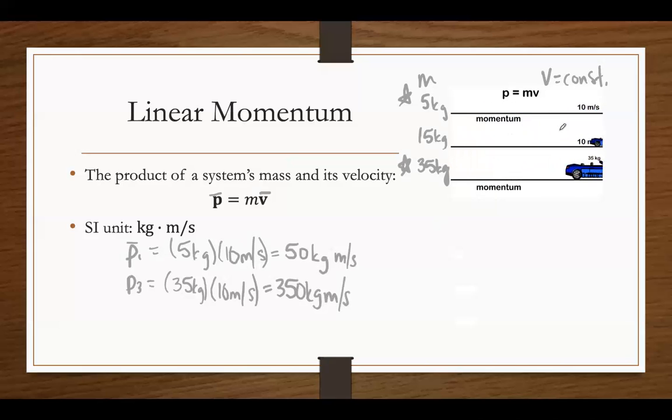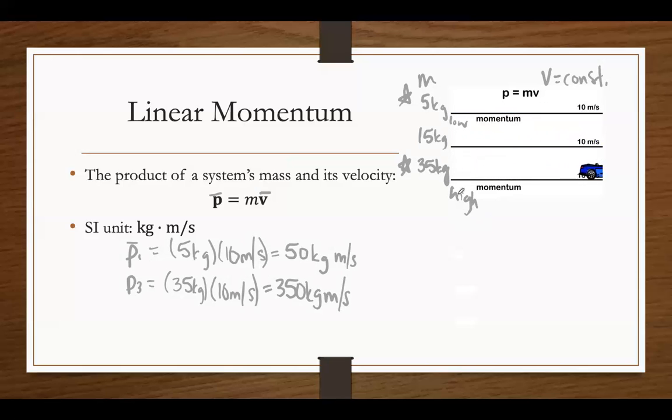So as you notice, if our velocity is constant, our mass is going to determine which of these three cars has the highest momentum and the lowest momentum. This first one is the one with the low momentum, and this one down here with the 35 kilograms is going to be the highest momentum. So this is just looking at when we vary the mass, what happens to the momentum.